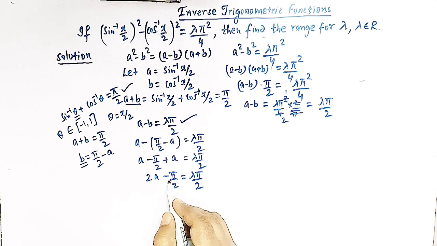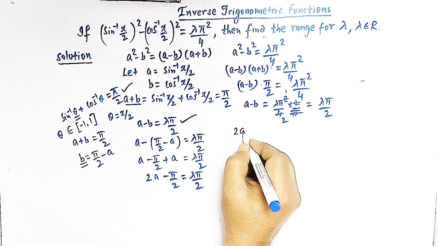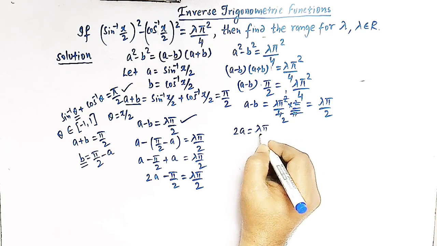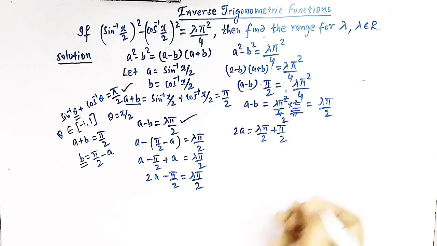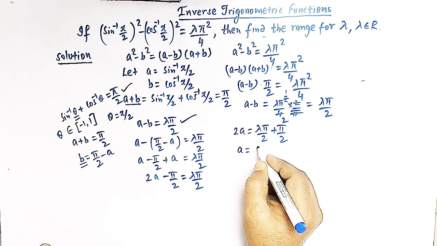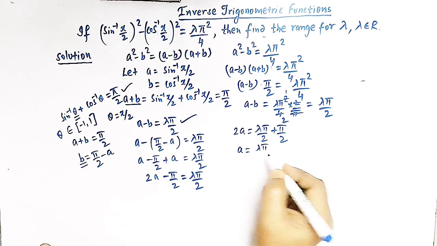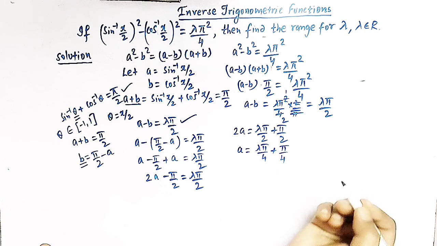Now taking this minus pi by 2 to this side, we have 2a is equal to lambda pi over 2 plus pi over 2. So now we can write a is equal to lambda pi over 4 plus pi over 4.